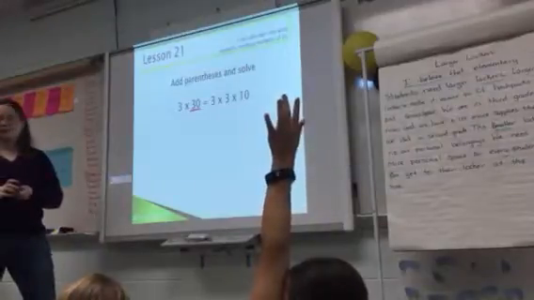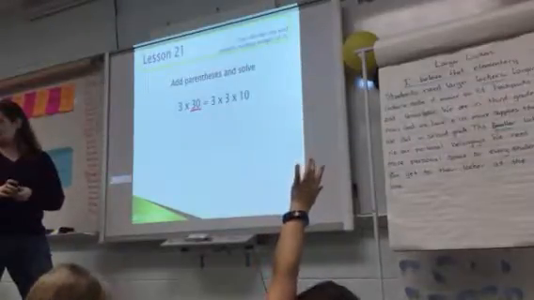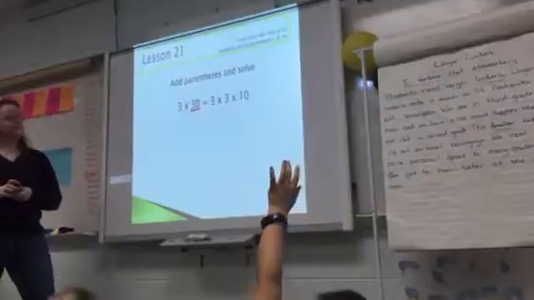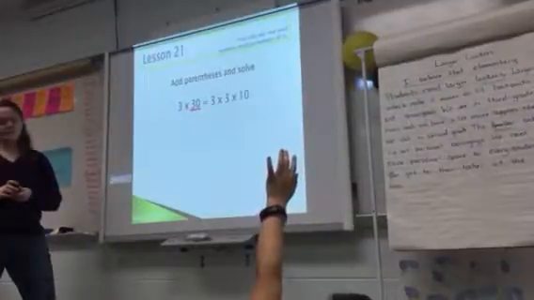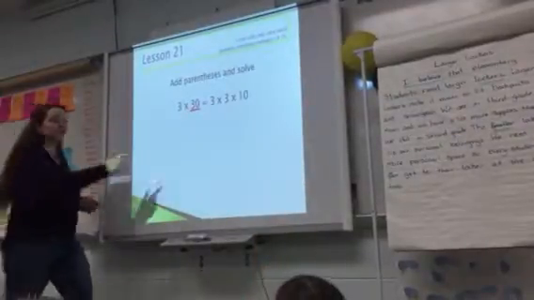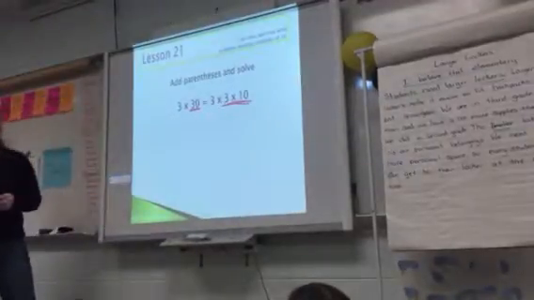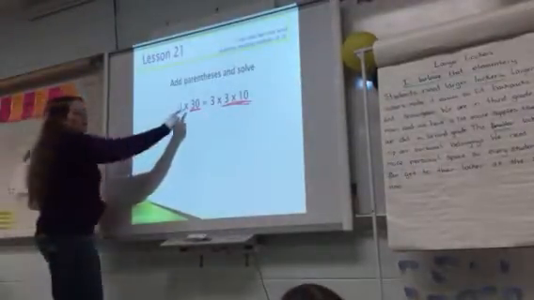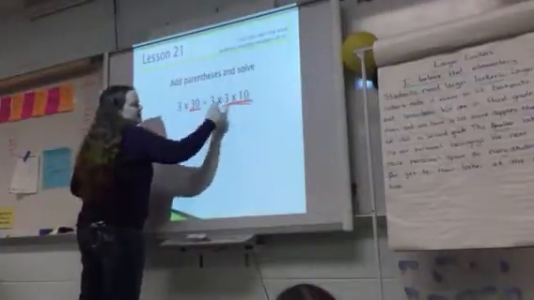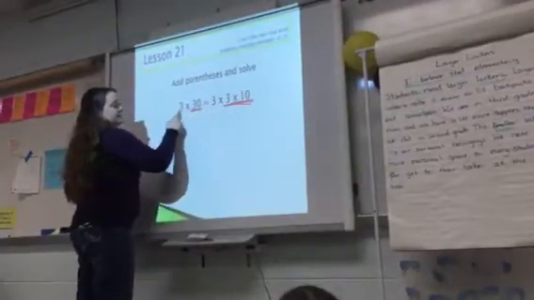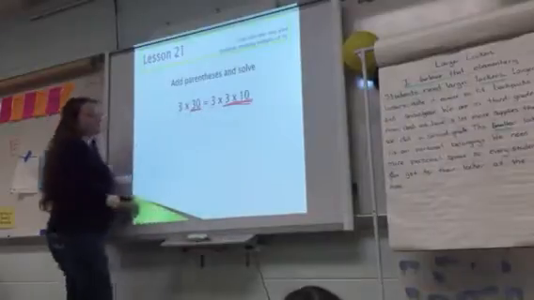Which part is the 30? Laura? Just the 3 times 10, right? Did you guys see that? We broke apart this one into 3 times 10. This is the same as this. These have to stay the same, right?